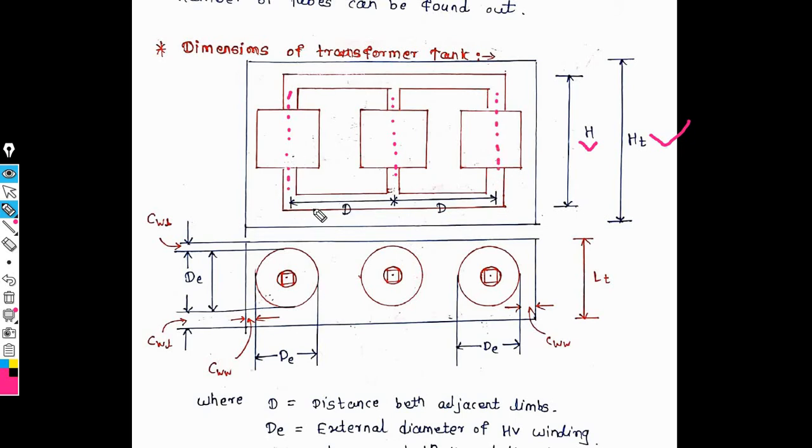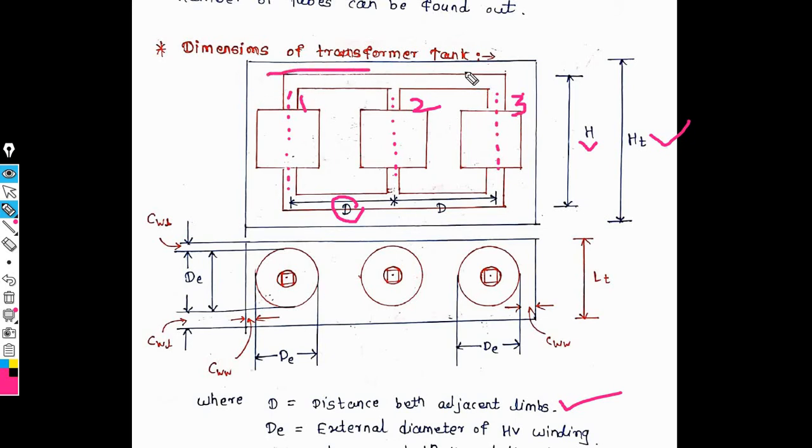Capital D means distance between adjacent limbs, as shown here. This is the first limb, second, and third, because a 3-phase transformer consists of 3 limbs.